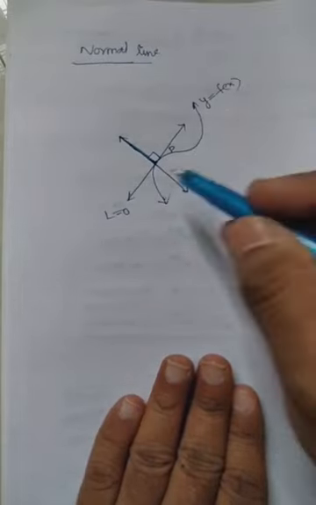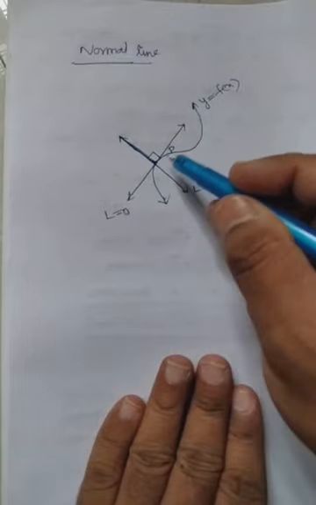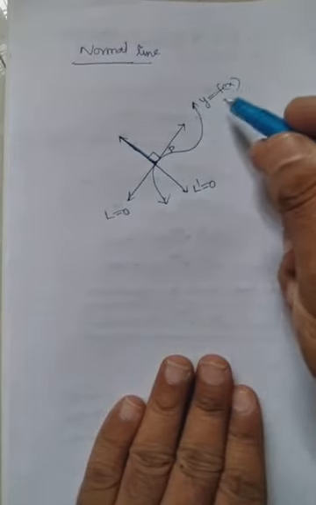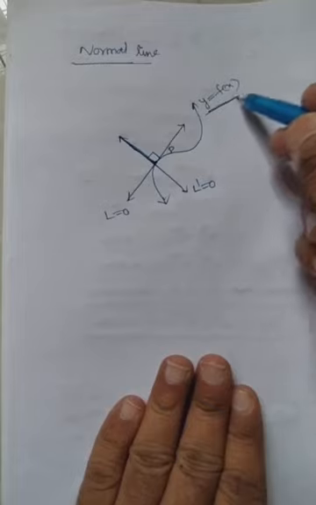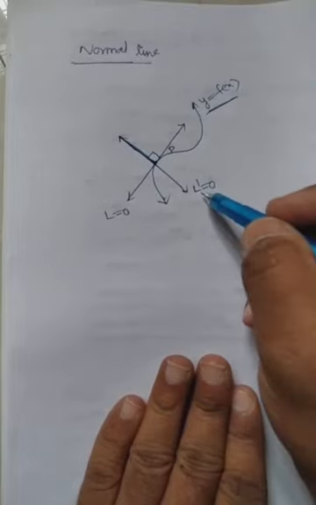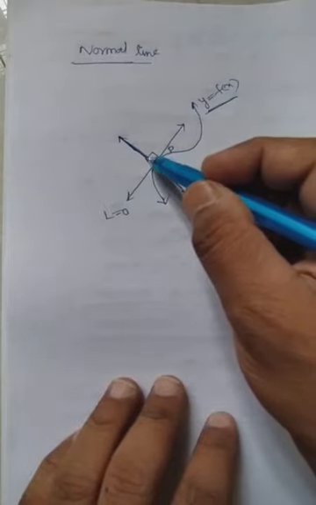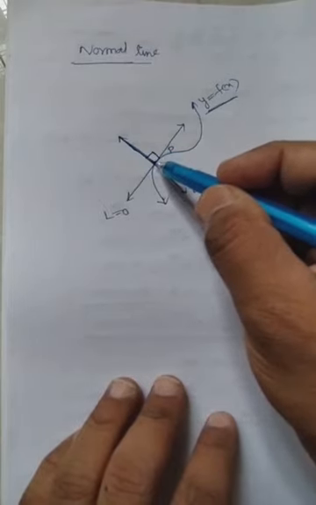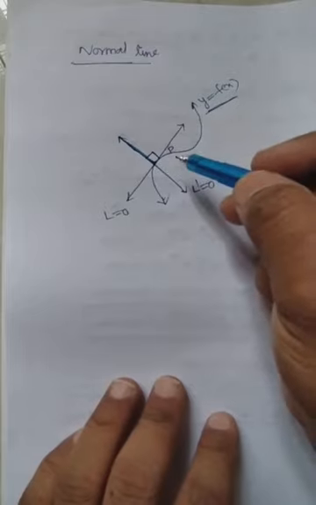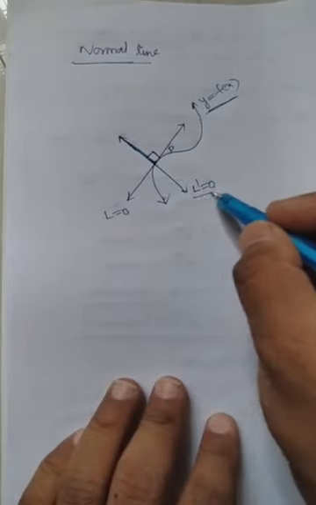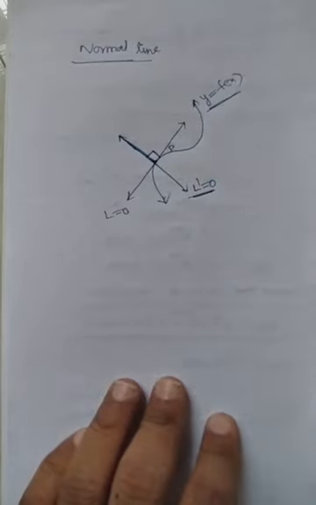So L is equal to 0 is the tangent line to the given curve y is equal to f of x, and L dash is equal to 0 is a line which is perpendicular to the tangent line at the same point P. This L dash is equal to 0 is called the normal line to the curve.